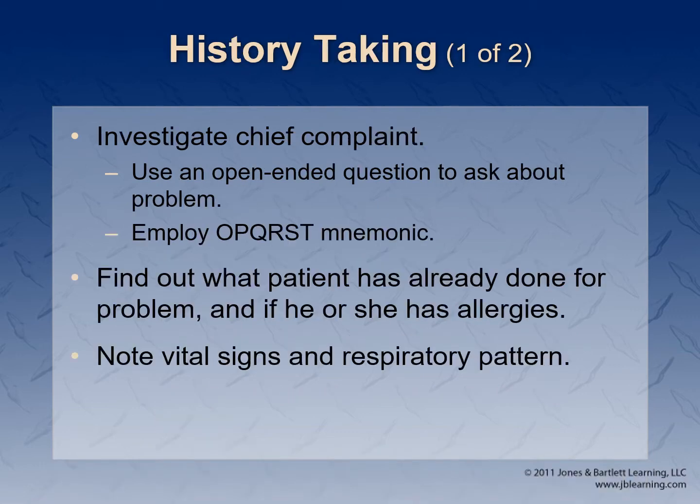Getting a good history is a skill like anything else, and it's understanding how to ask questions to get what you want. Open-ended is really important. If you ask somebody, does it hurt here? They're going to say yes if they're in pain, because they just want you to do something about their pain.